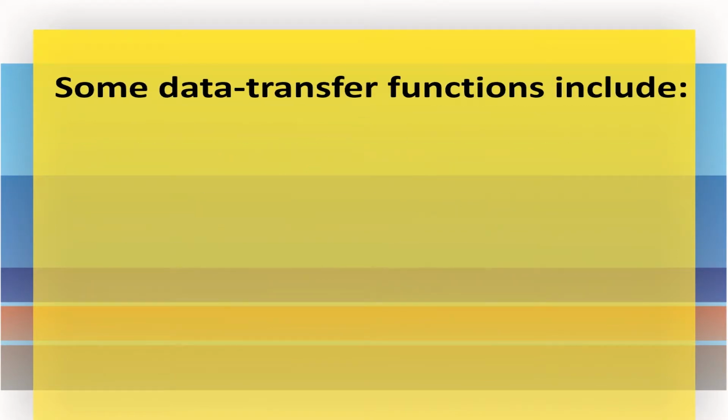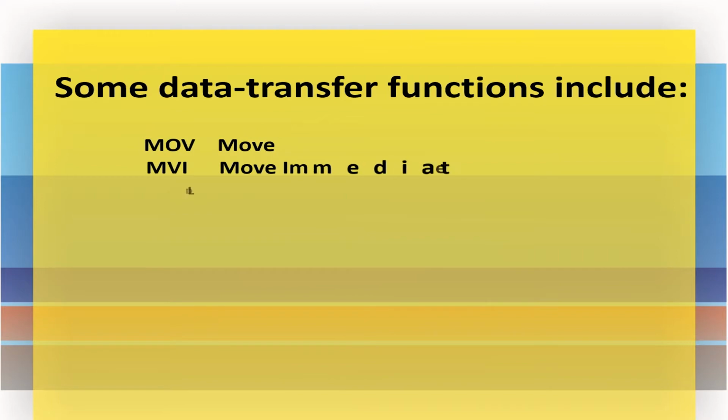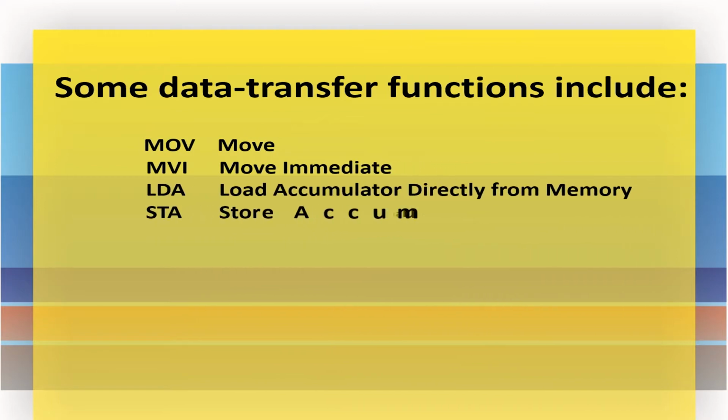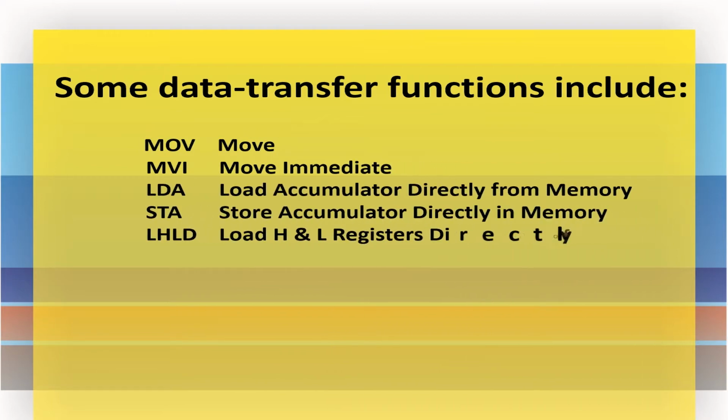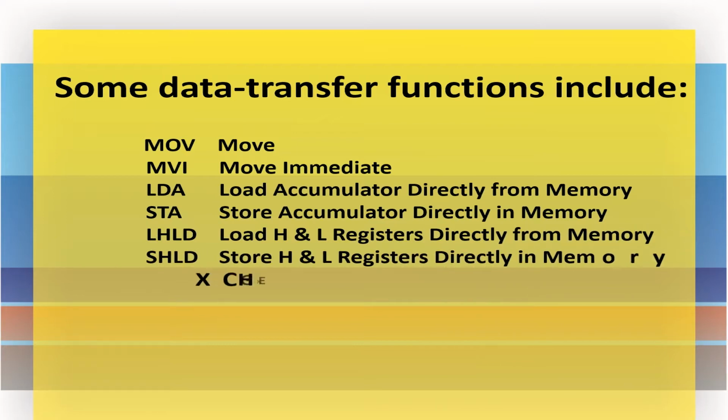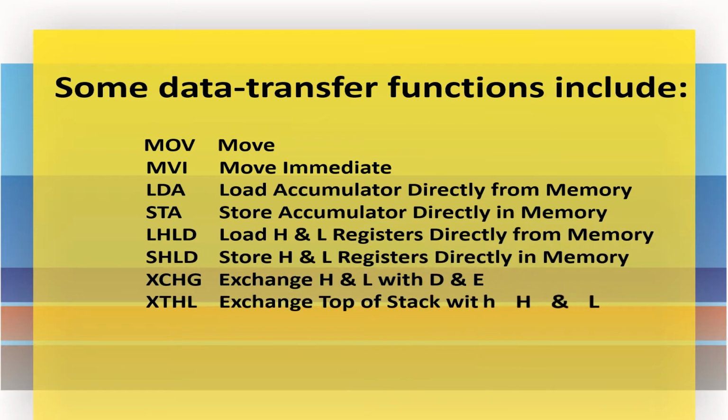Some data transfer functions include MOV, move; MVI, move immediate; LDA, load accumulator directly from memory; STA, store accumulator directly in memory; LHLD, load H and L registers directly from memory; SHLD, store H and L registers directly in memory; XCHG, exchange H and L with D and E; XTHL, exchange top of stack with H and L.